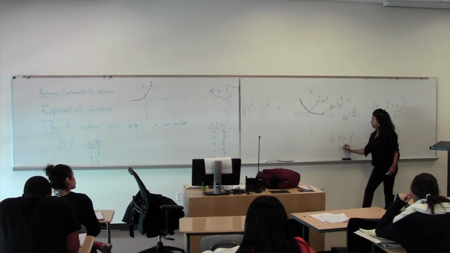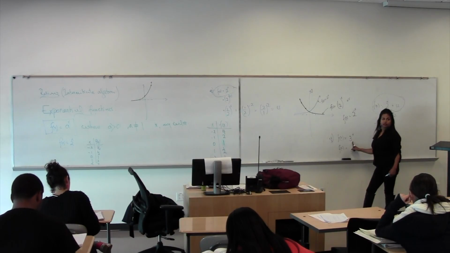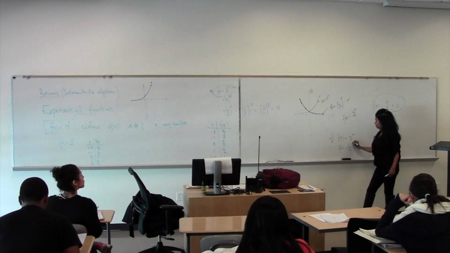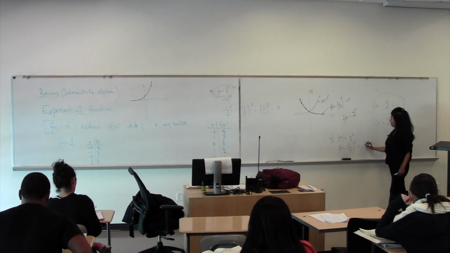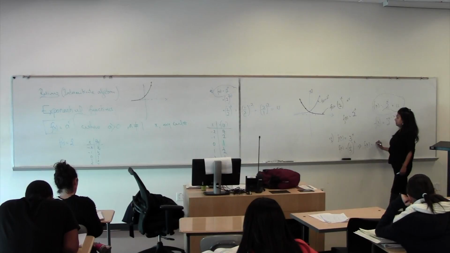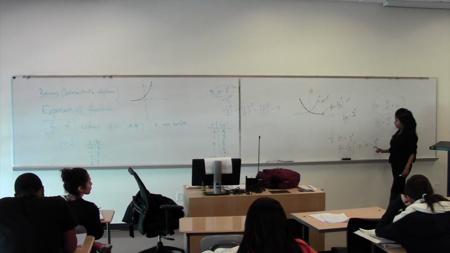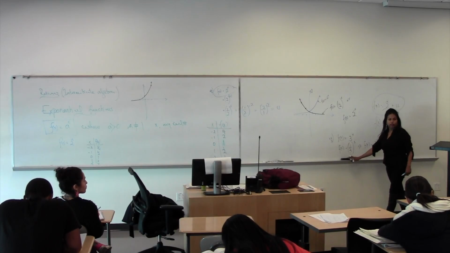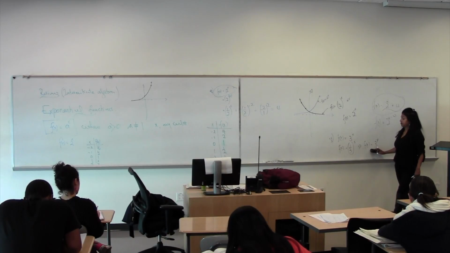F of x is equal to 1/3. You need to put parentheses when you do this to the x. Or we can write this as f of x is equal to 3 to the negative x. You know why 3 to the negative x works like this, right? You know that. Okay.